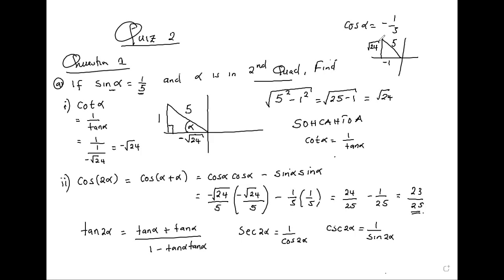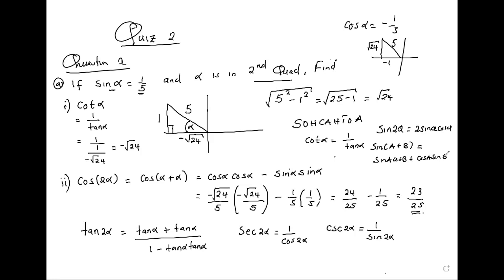Sin 2 theta is 2 sin theta cos theta, because of that identity that sin A plus B is sin A cos B plus cos A sin B. So if these are the same, then you have the same thing, so you can add them. So even that one can work.